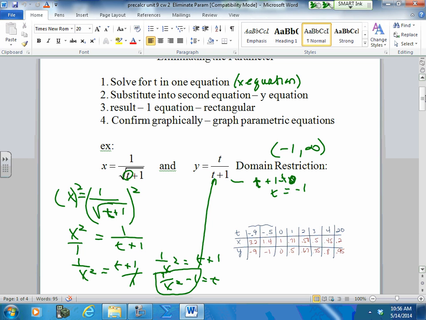So we're going to get y equals t over, I'm plugging this in, and we still have a plus 1. Not so bad. What happens to the -1 and plus 1? Cancels out. So we're left with t over 1 over x squared.